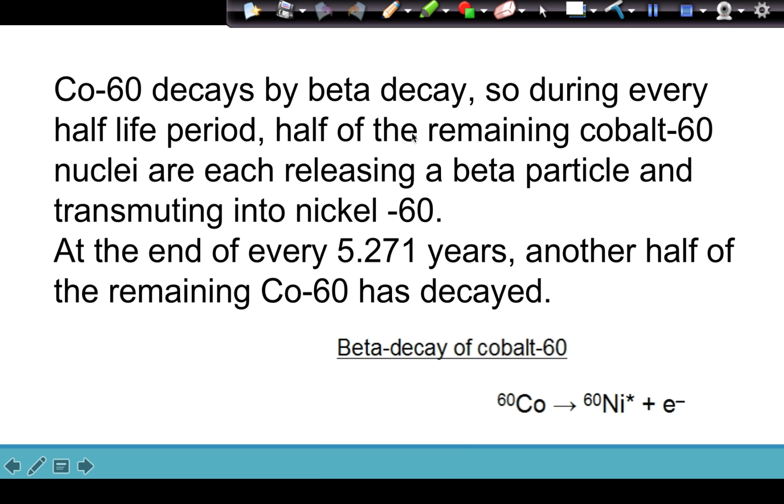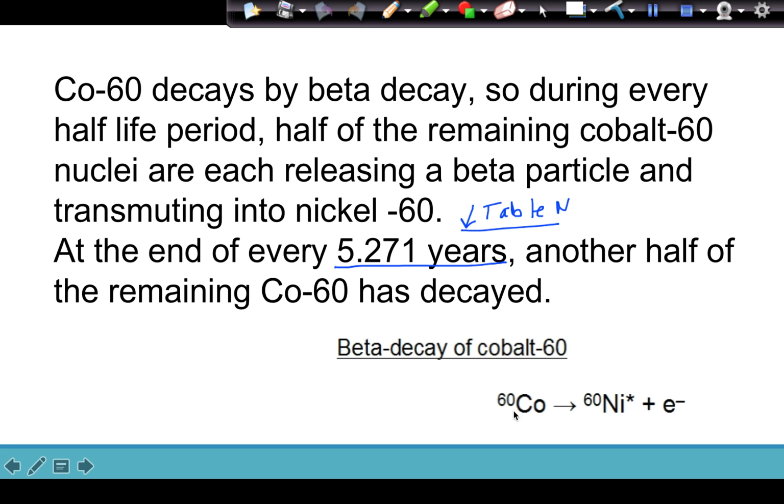During every half-life period, half of the remaining cobalt 60 nuclei are each releasing a beta particle and transmuting into nickel 60. At the end of every 5.271 years, which is the half-life that we find for cobalt 60 on Table N, another half of the remaining cobalt 60 atoms have decayed.